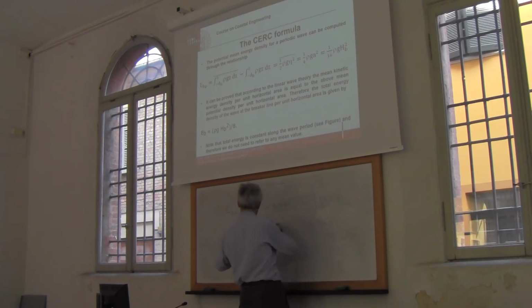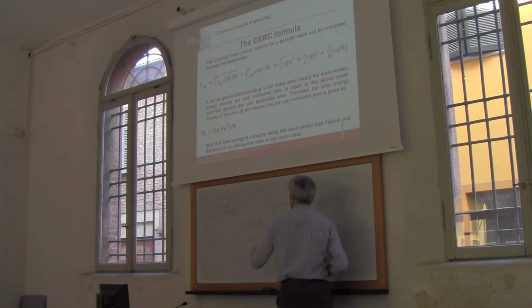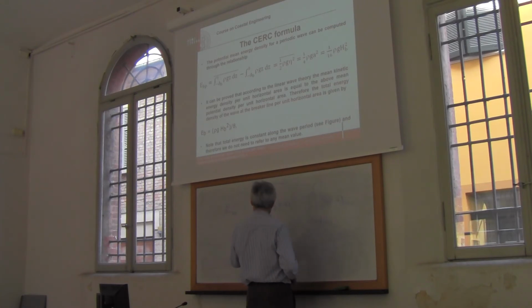So basically, density is mass, not kilograms, because it's more generic. Mass times L cube. Acceleration of gravity is length divided by time squared, and z is length, dz is length.